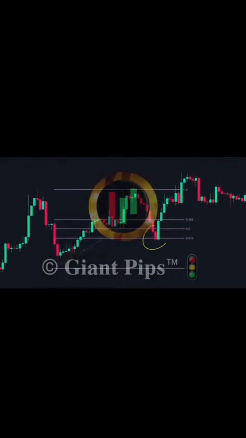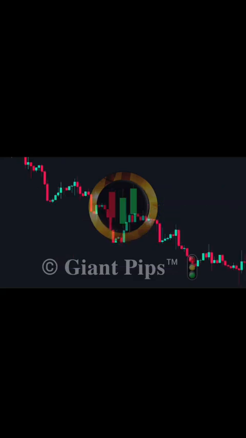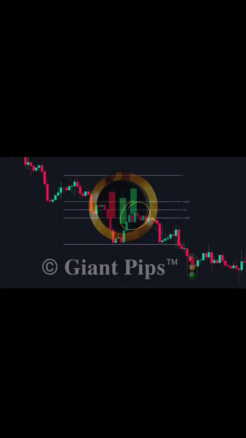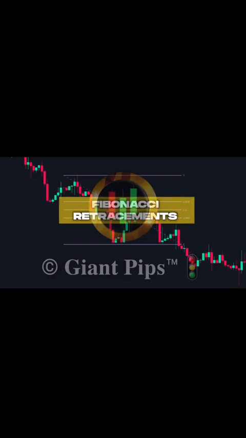Once the price arrives around these levels, we can expect the price to reverse and move upwards. Similarly, in a downtrend, when we spot an impulsive down move, we can draw the Fibonacci tool from the start of the move to the end. We get these 3 lines where we expect the price to pull back and move downwards again. These 3 levels collectively are called Fibonacci retracement.